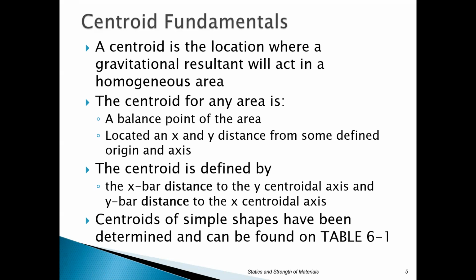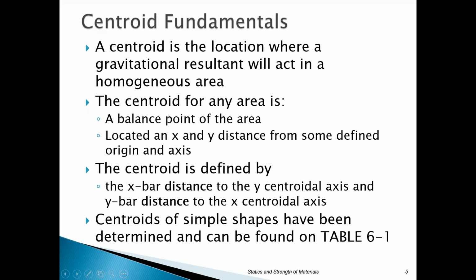Okay, so when we talk about centroid, it's two distances along an axis. So it's basically like an x coordinate and a y coordinate to that point on the figure that you're looking at. And a centroid is defined by what they call the x bar distance to the YY centroidal axis and the y bar distance to the XX centroidal axis.